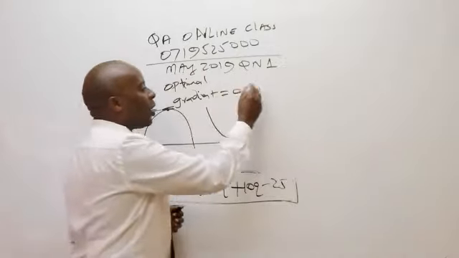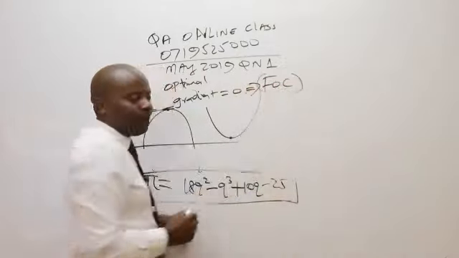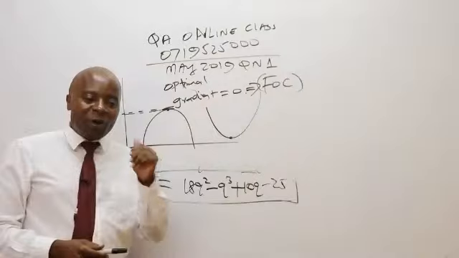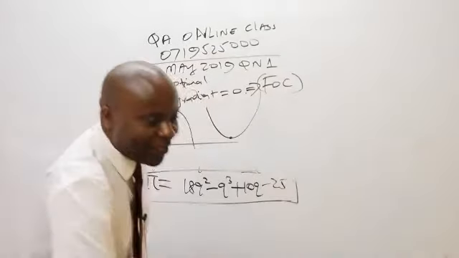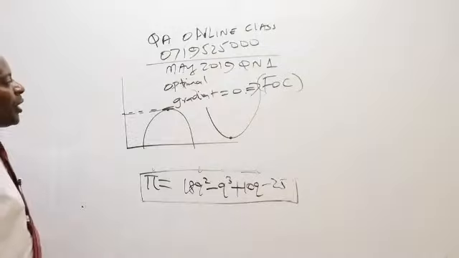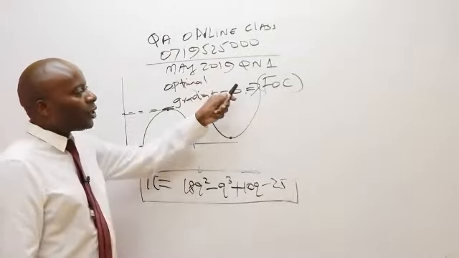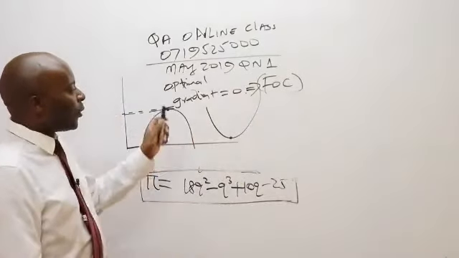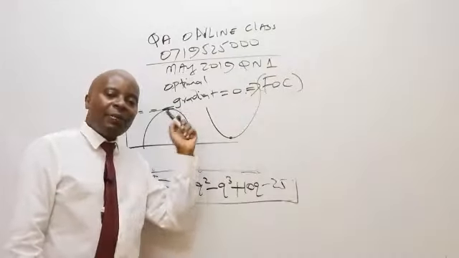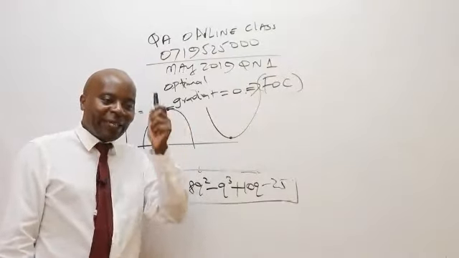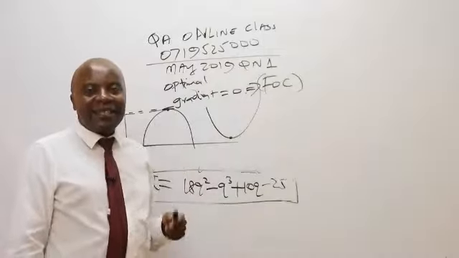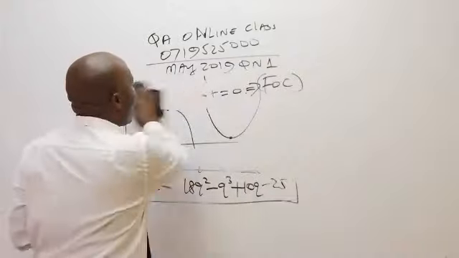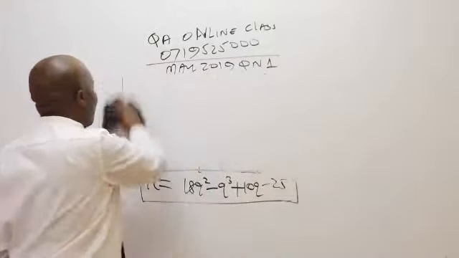And this is what we call the first order condition, the first order condition for maximization and minimization, that the gradient is always equal to 0. Now, ladies and gentlemen, the moment you mention the word gradient, I know there is something I'll always have in my mind: the gradient has got everything to do with differentiation.